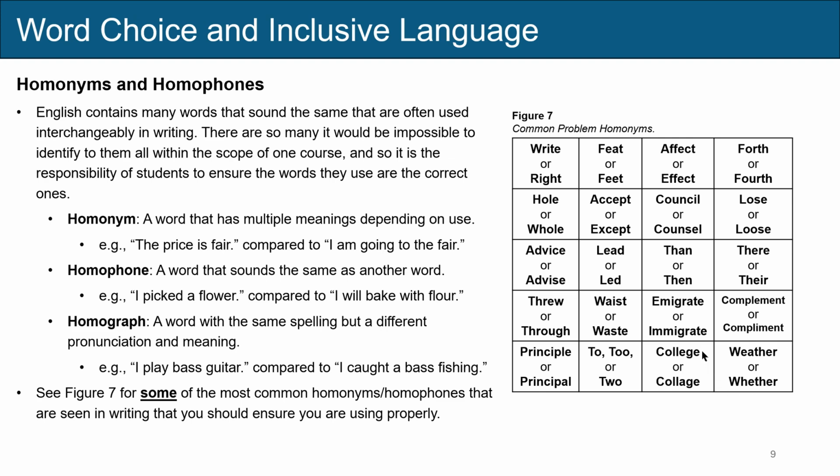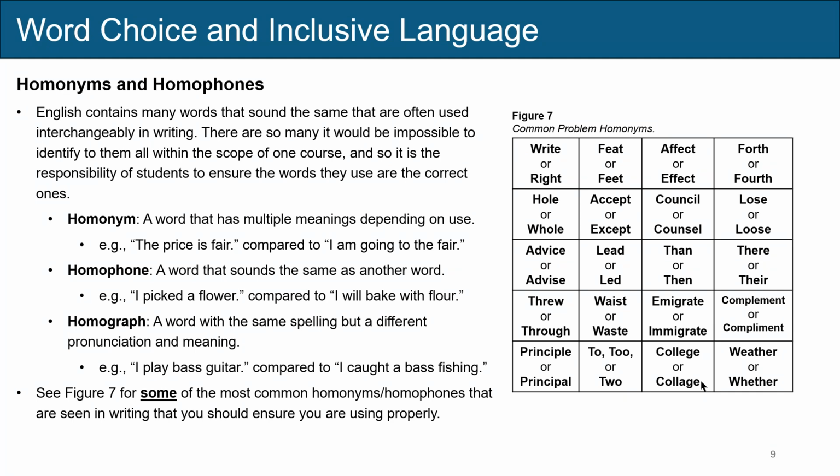Similarly, we go to Portage College with an E here. Sometimes on title pages, where students are expected to identify their affiliation, which will be spoken about in Module 5, people will accidentally write collage. A collage is when you take pictures from magazines and other places and glue them all together.